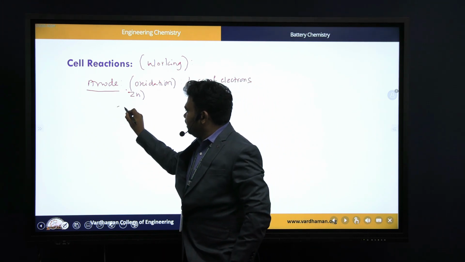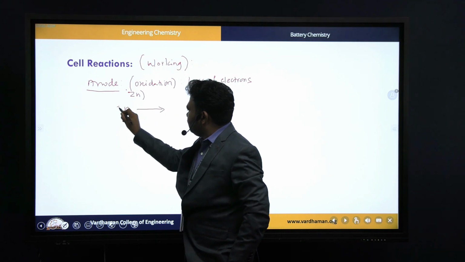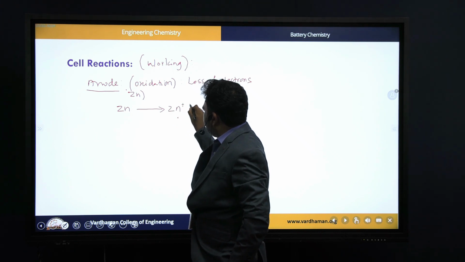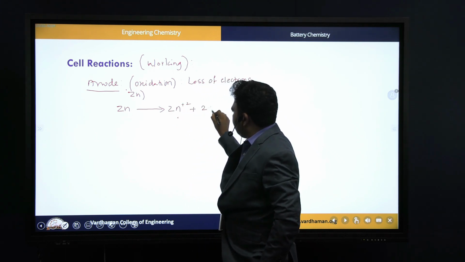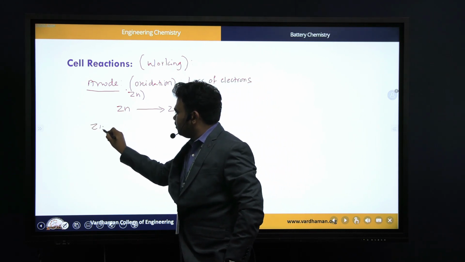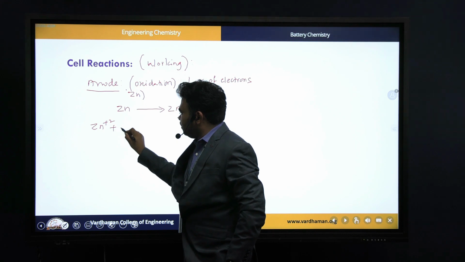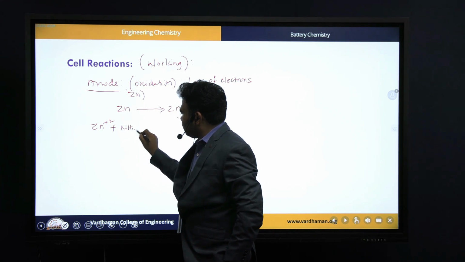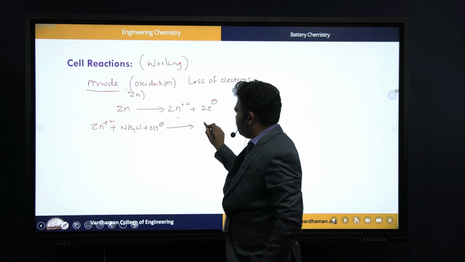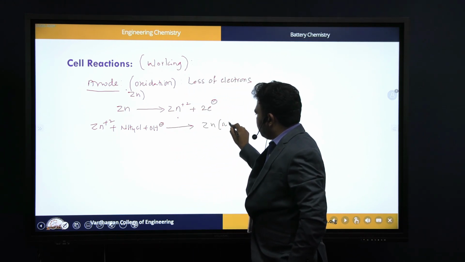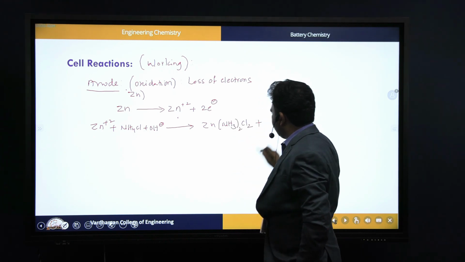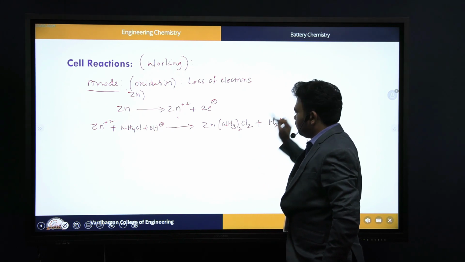First, zinc undergoes oxidation, meaning it loses its electrons and is converted into Zn2+, and 2 electrons are released. These released Zn2+ ions combine with ammonium chloride and OH- ions, giving rise to the product zinc ammonium chloride, Zn(NH3)2Cl2, plus H2O.